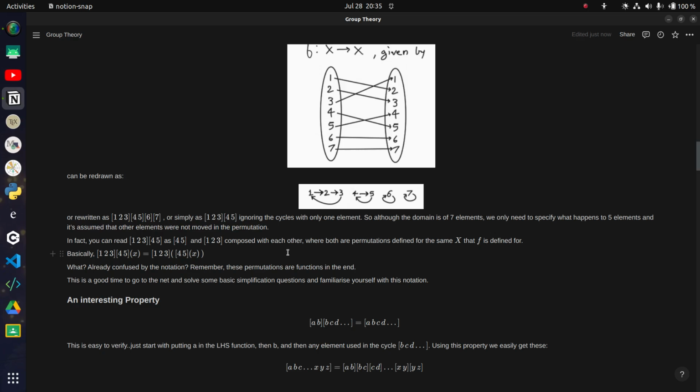So there's that cycle, and then 1 2 3 is just this cycle without anything else happening, so 4 is still going to 4 and 5 is going to 5, right? But when you compose these, you basically get this thing, right? You can think of these as being applied one after the other, so now they are composed.